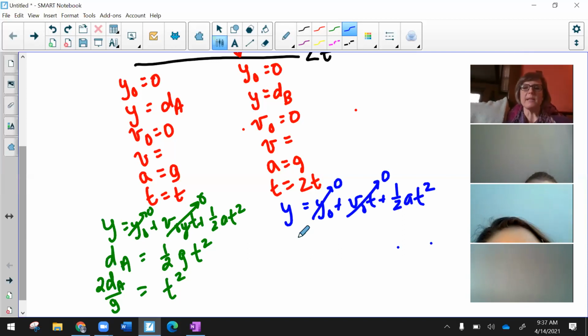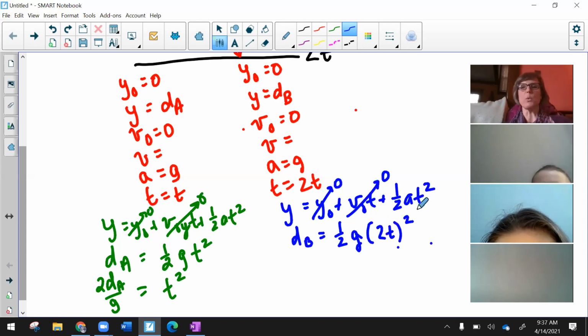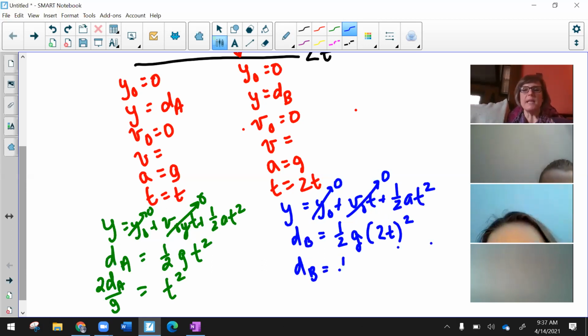It starts from rest. So that gives me dB is 1/2 g, and here's the tricky part, it's 2t, but that whole 2t is squared. Okay, so that gives me dB is 1/2 g times 4t squared.